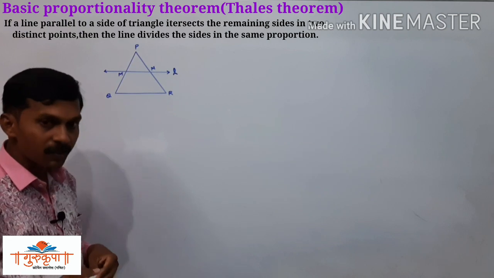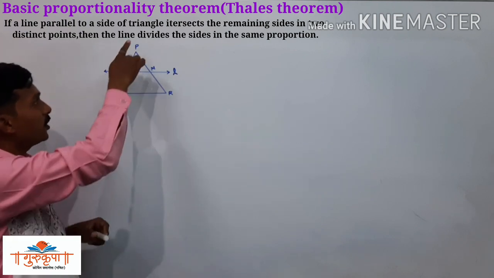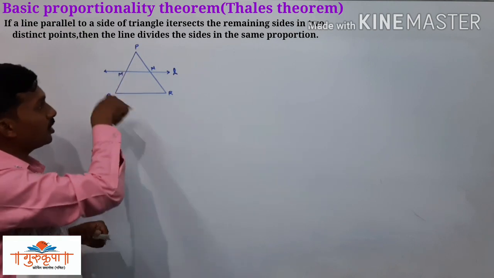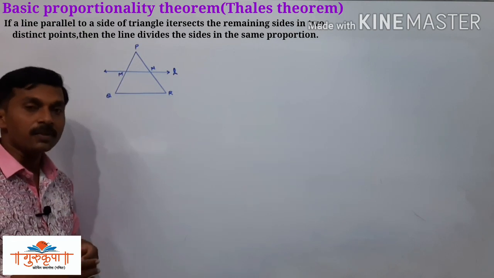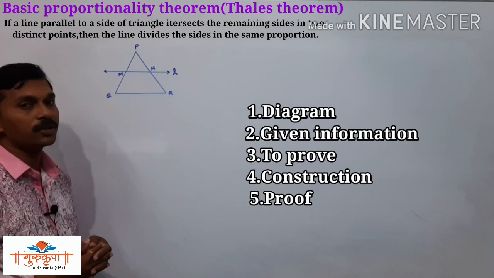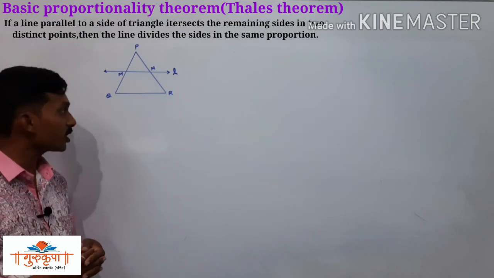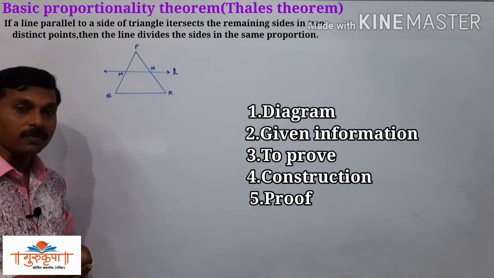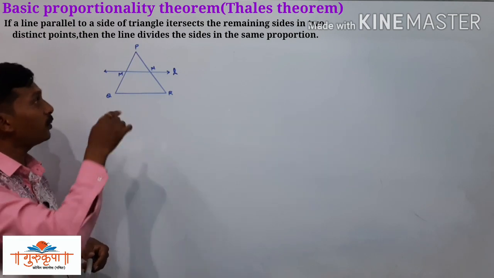Now here we have 5 steps. The first step is to draw the diagram, and we have drawn it. The second step is to write the given information. The third step is to write exactly what we have to prove.